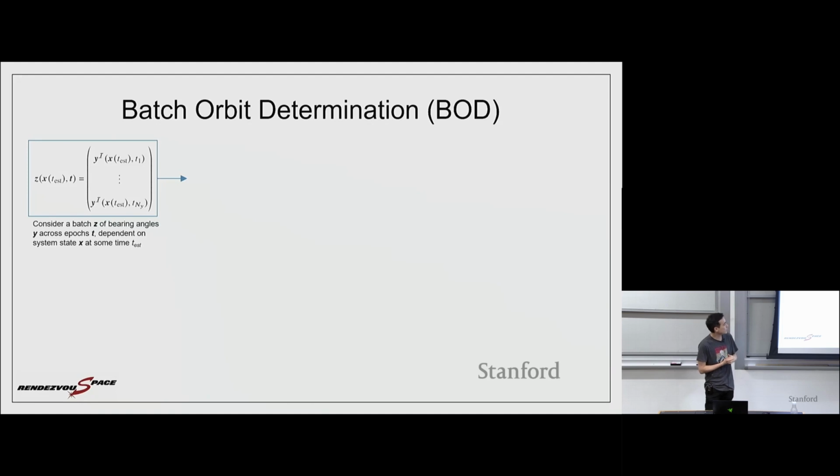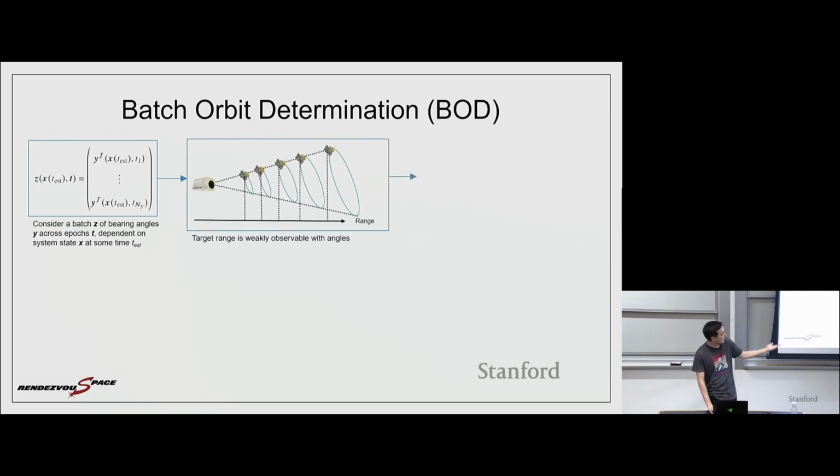The way it works is we have this batch of bearing angles, z, across a set of epochs t, and it's dependent on the system state x at some time. We have this observability problem with our bearing angles, where the same bearing angles might be a target close to the camera, moving very little, or a target that's far away with more relative motion.